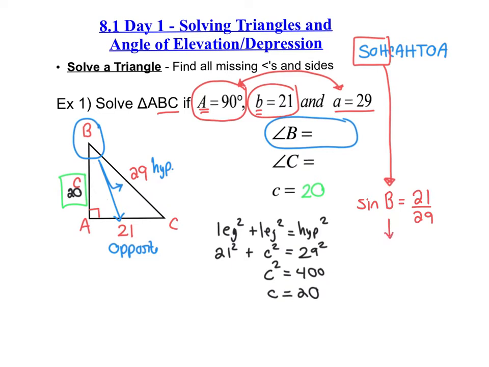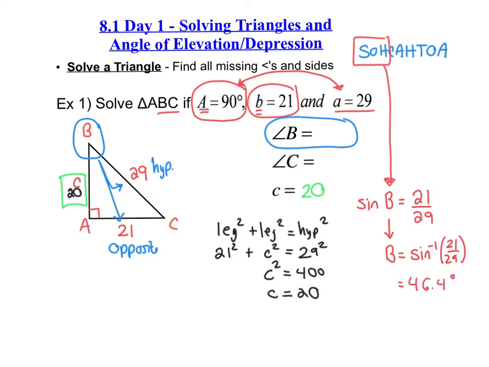Remember that whenever you're solving for an angle itself, you're going to be using the inverse of sine. So we'll do the inverse sine of 21 over 29. And if we put that in our calculator, we're going to get approximately 46.4 degrees, but let's do a quick double check. Double check that your mode is on degrees. We do the inverse sine of 21 over 29, and we've got about 46.4 degrees.